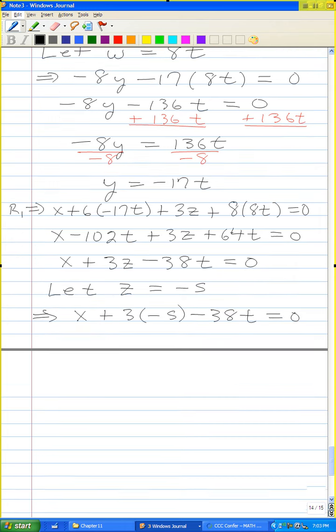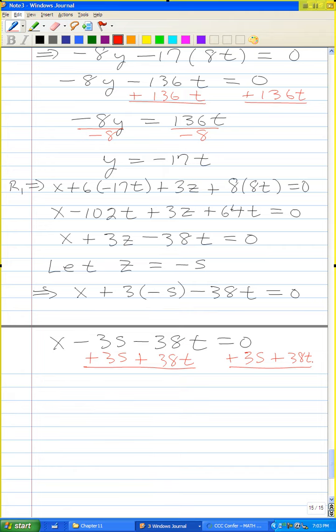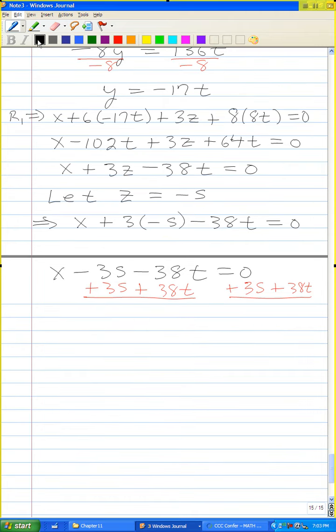Add 3s and 38t to both sides. And so I have x equals negative 3s plus 38t.